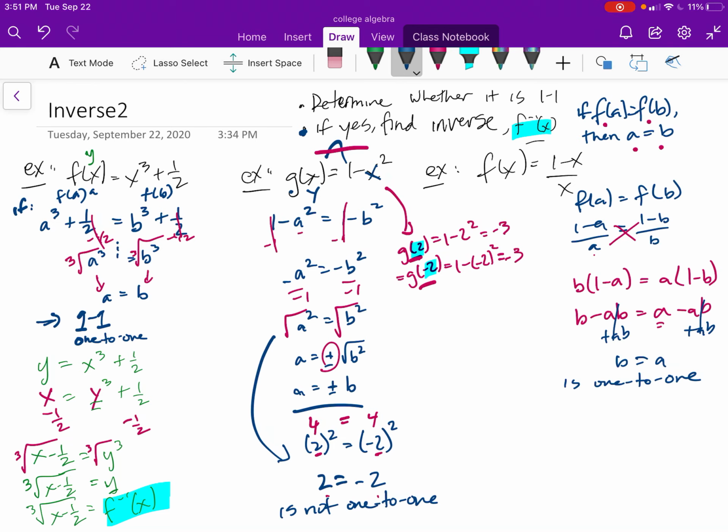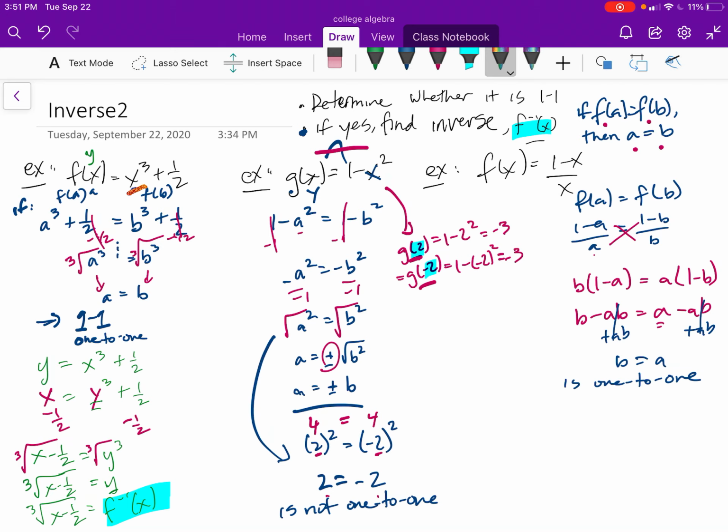All right, one more thing I wanted to say about this one. When you're dealing with inverses, sometimes you can almost predict what it would be. Like in an inverse, you could think of opposite, right? If I said multiply, you would divide. If I said add, you would subtract. So reading this one, it says I'm going to begin with x to the third power and add 1/2. So I want to go completely opposite.